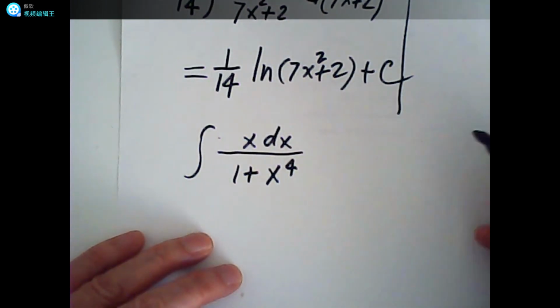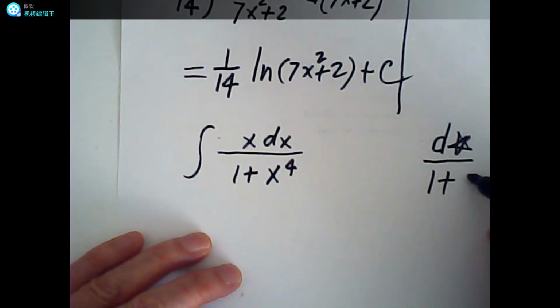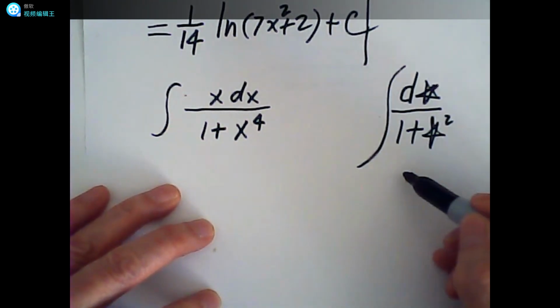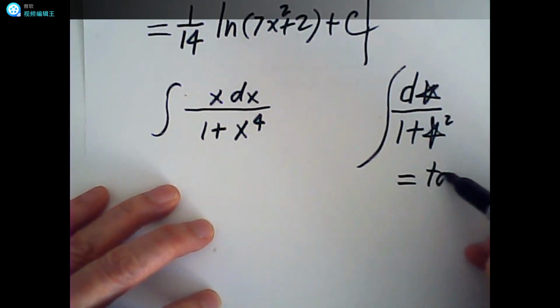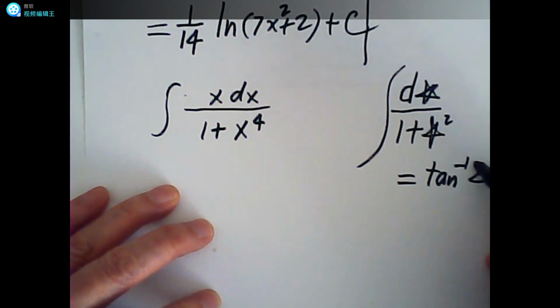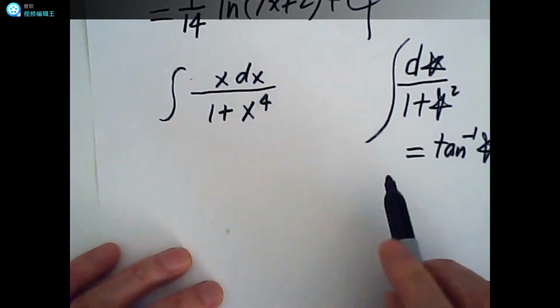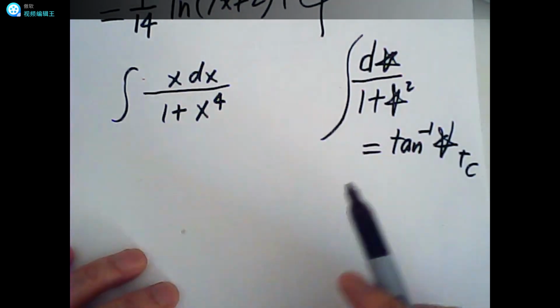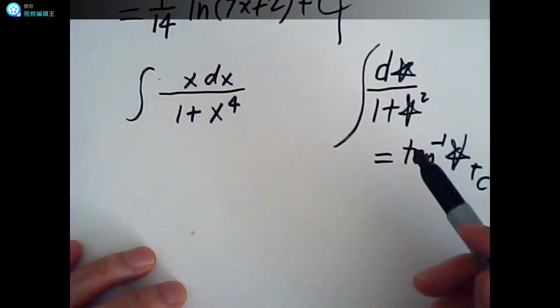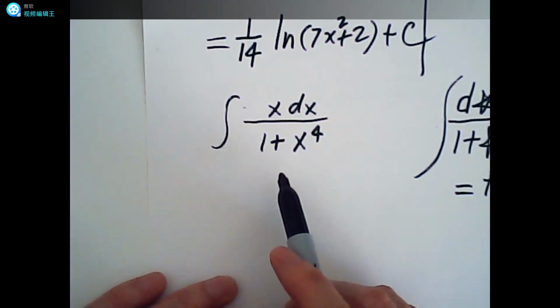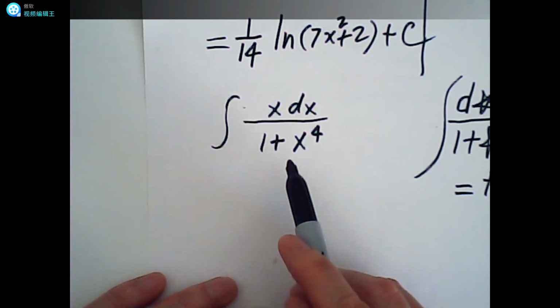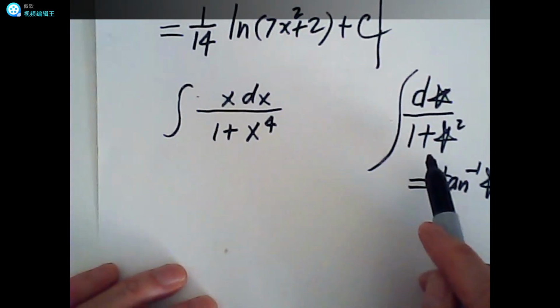So the basic formula, of course, is this, right? d something over 1 plus something squared, that integral. The basic formula is arctangent, right? Arctangent of something plus c. So this is something in your mind. I try to put this integral into this kind of form.